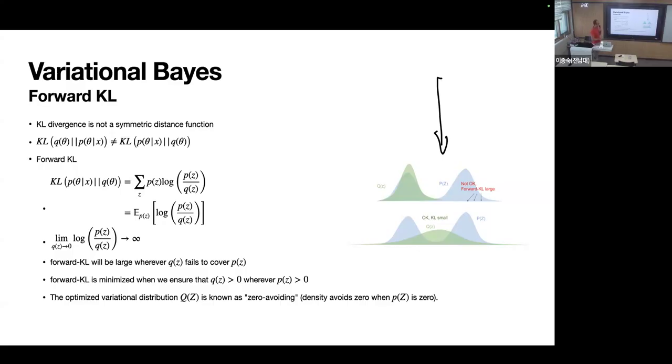So the first case is, assume that my blue distribution has these two modes, and this is the true one. I don't know it, but this is something that I would like. And then I make a wrong assumption, and I say my distribution looks like this.